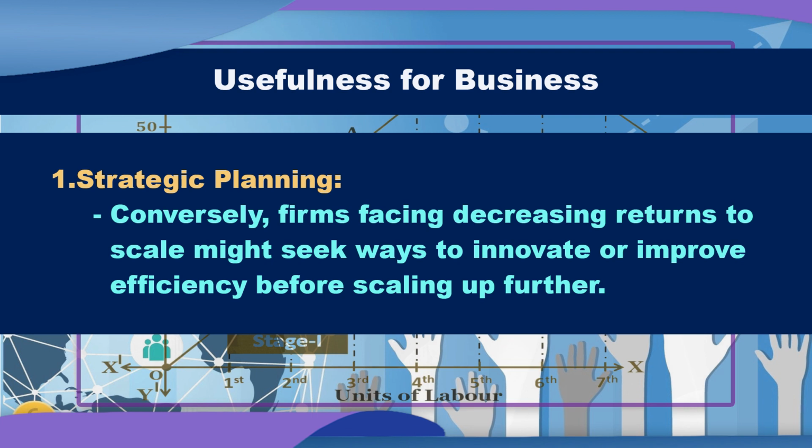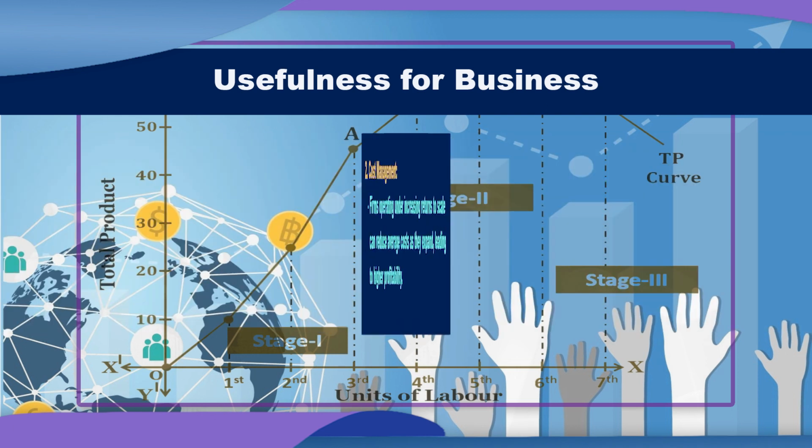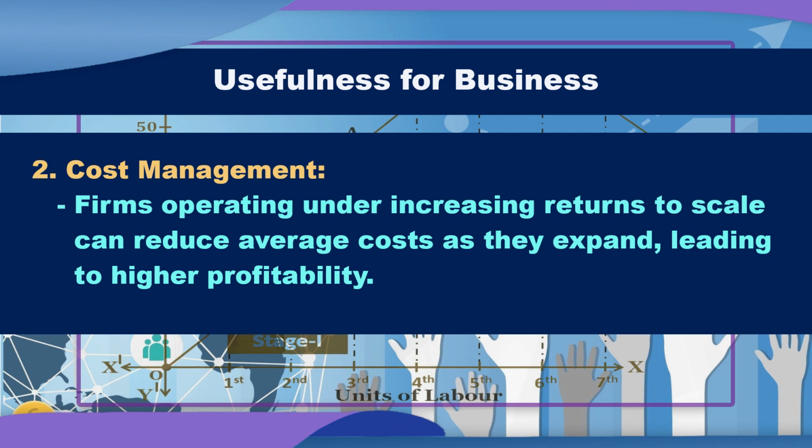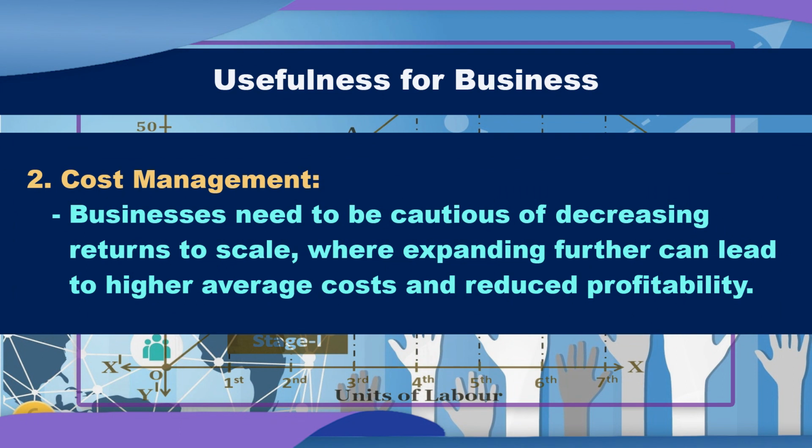Conversely, firms facing decreasing returns to scale might seek ways to innovate or improve efficiency before scaling up further. Next is cost management. Firms operating under increasing returns to scale can reduce average costs as they expand. This leads to higher profitability. Businesses need to be cautious of decreasing returns to scale, where expanding further can lead to higher average costs and reduced profitability.